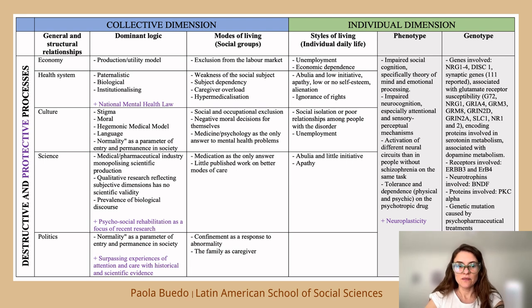On the other hand, as I mentioned in the previous slide, the purple sentences are the protective points that we can find, for example, in the health system. This means that the social rehabilitation programs and the national laws, in this case in Argentina, could contribute to the social inclusion of people with schizophrenia by developing the individual dimension. So this law, which is also in the dominant logic and should be applied in the health system, could also have a positive impact if it is applied well.